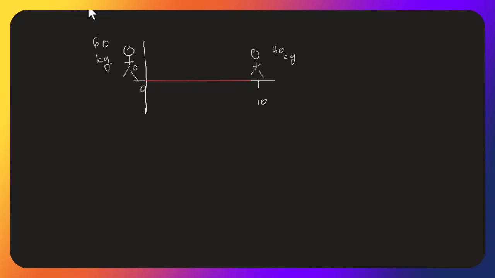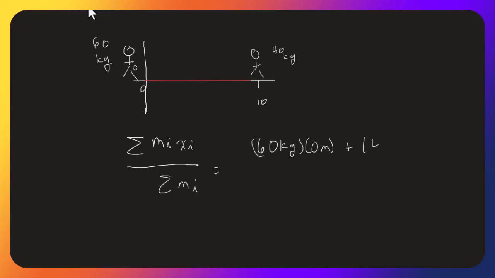To find our center of mass, we'll take the sum of our masses times their positions over the sum of the masses. So our first mass is 60 kilograms, and that person is at 0 meters, plus our second person is 40 kilograms, and she is at 10 meters, over the sum of our masses, 60 kilograms plus 40 kilograms.